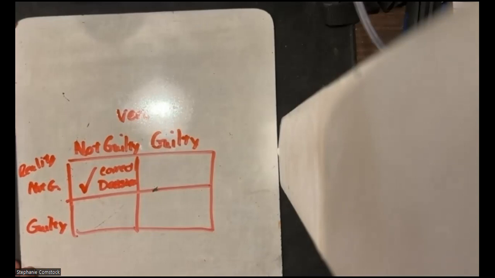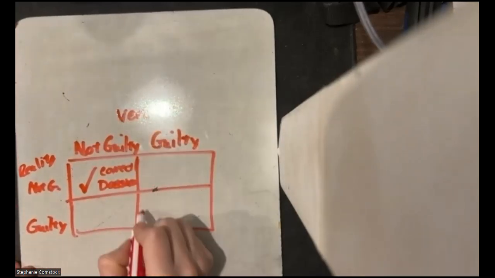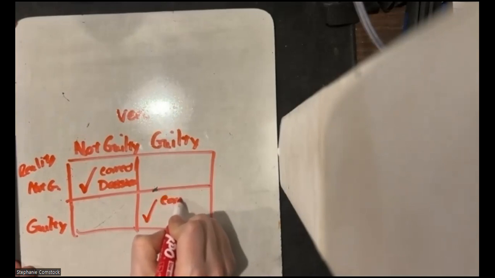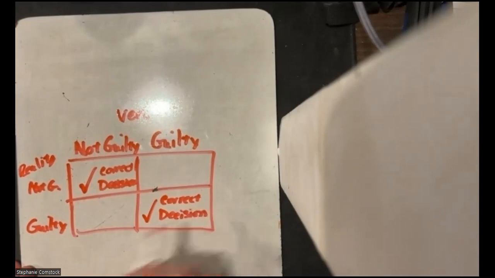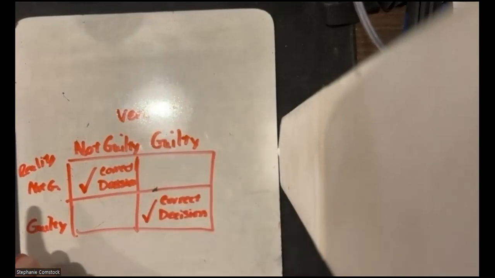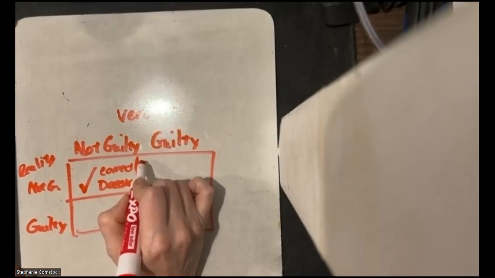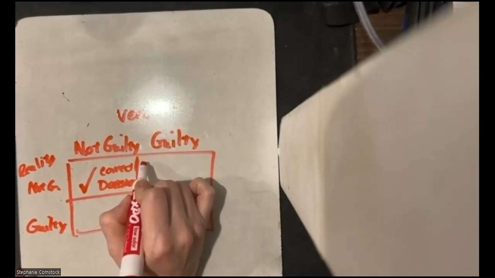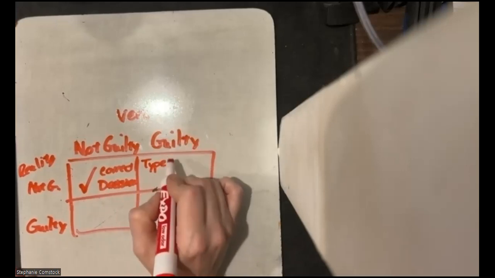We did what we were supposed to. Good. Now, if we find them guilty and they legit did it, then we have a correct decision. Now, if we find them guilty, but reality is that they were not guilty, this is a type 1 error.